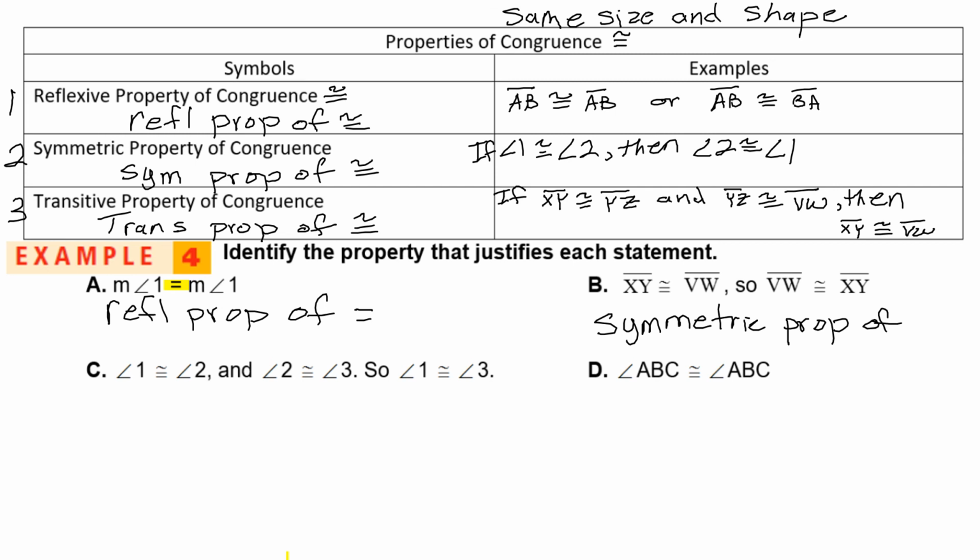And what sign do we put after? We put the congruent sign because that's what we have in our problem. So we have the symmetric property of congruence.